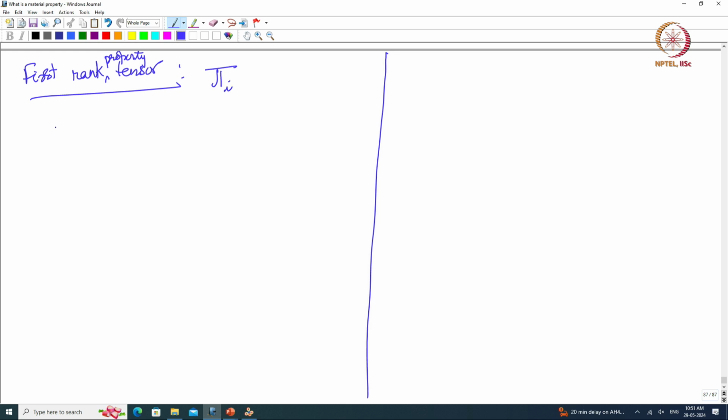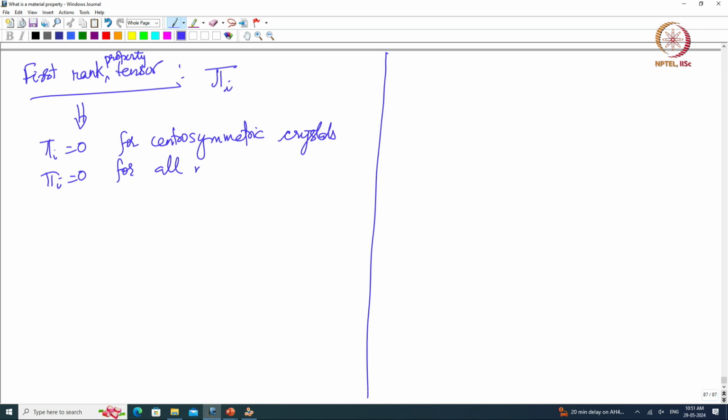So, you can actually show that pi I is 0 for centrosymmetric crystals, that is trivial to show, we also showed it, right. But pi I is also 0 for all non-polar crystals. This is like saying if I have a unique point, I cannot sustain pyroelectricity, right.